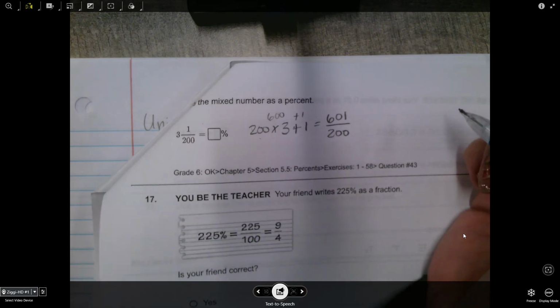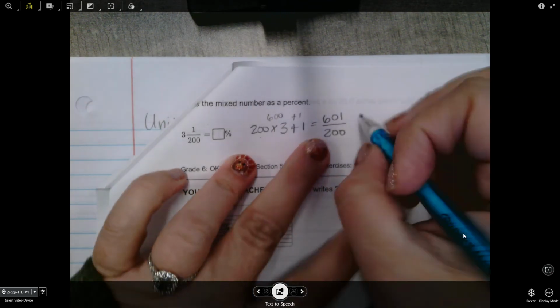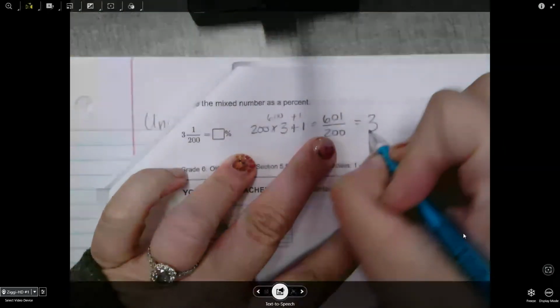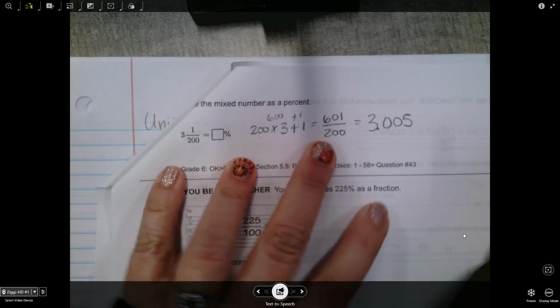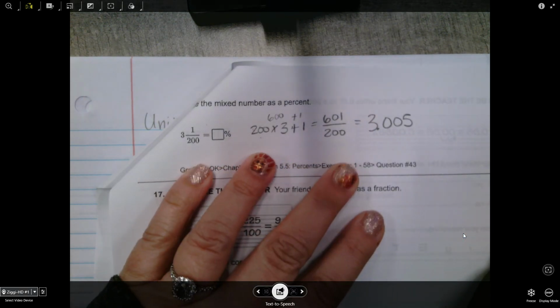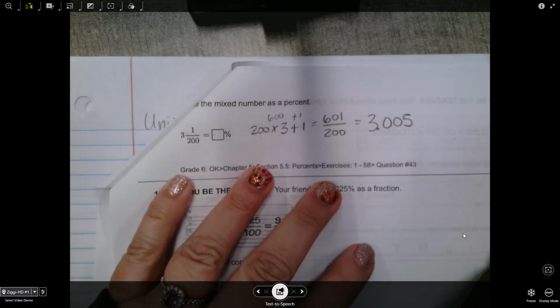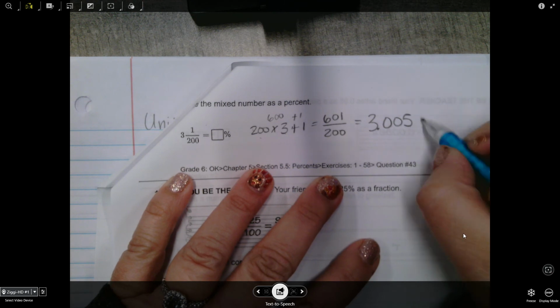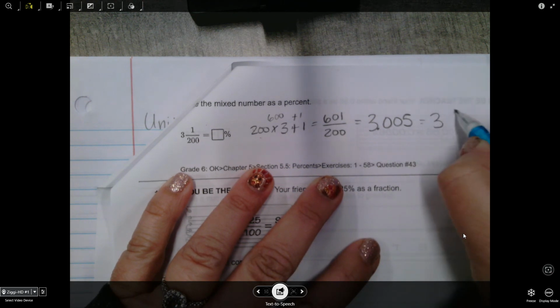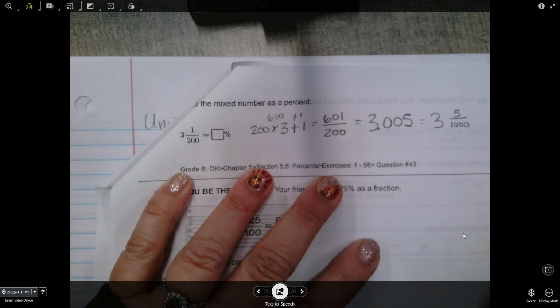If you type this in your calculator, 601 divided by 200, you're going to get 3.005. So you have 3 and 5 thousandths, right?